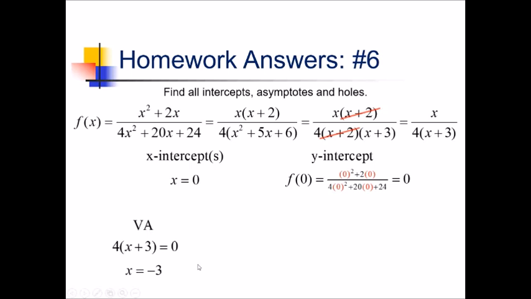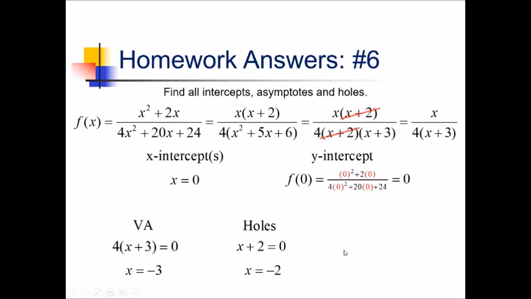Now for the hole, these are going to be x values that zero out the original function but not the simplified function. So basically this canceled factor is where I look for the hole. So I set x plus 2 equal to 0, and I see that x equals negative 2 is the x value for a hole.